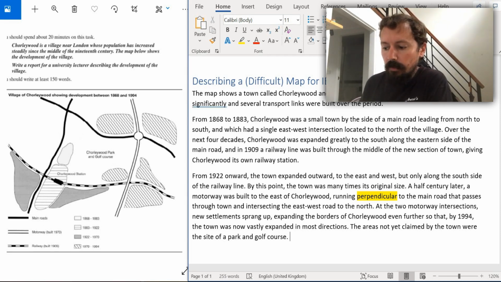And so what I'll do is for this last sentence, I'll just mention that the unclaimed areas are filled in by park and golf course, as we can see there.